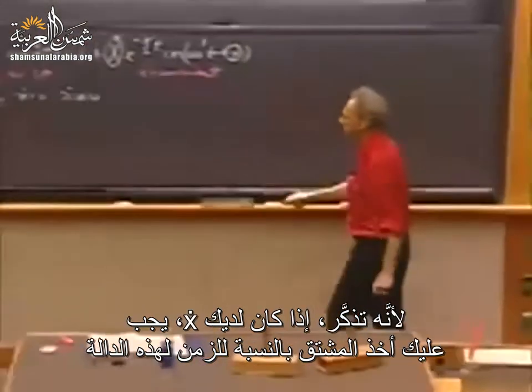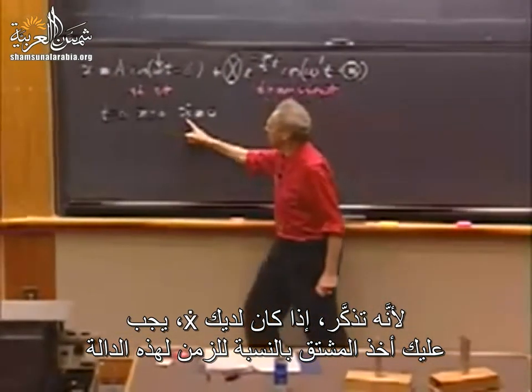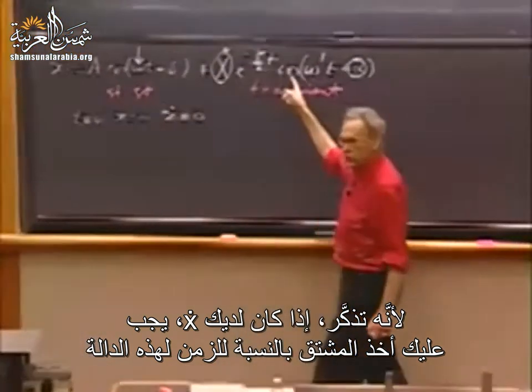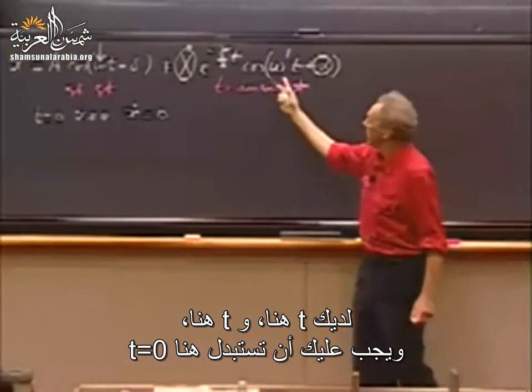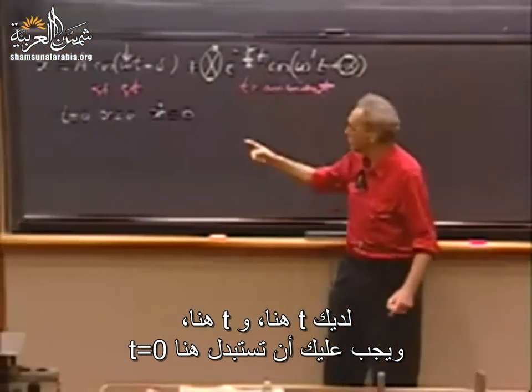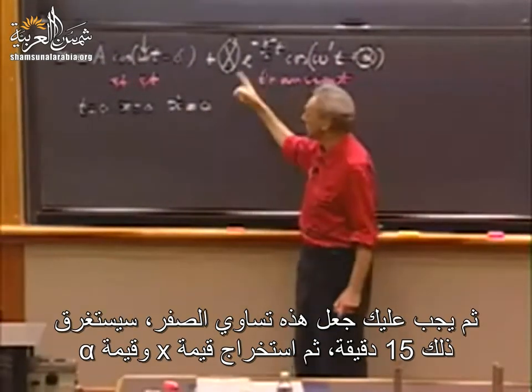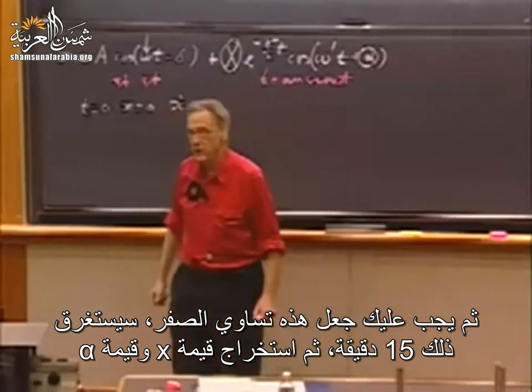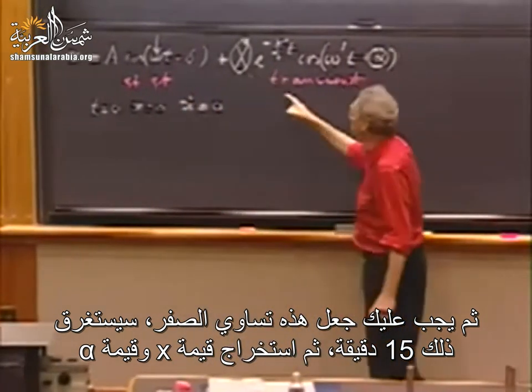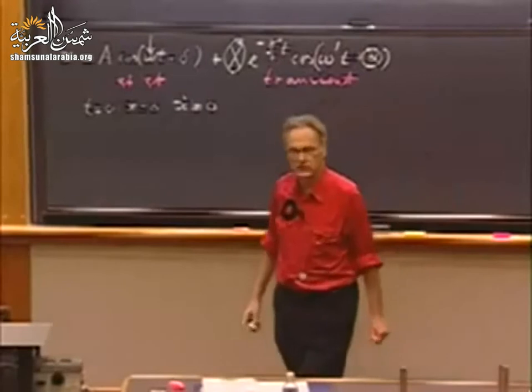Not so fast, because remember, if you have an x dot, you have to take the time derivative of this entire function, and you have a t here, and you have a t there, and you have to substitute in there time t equals 0, and then you have to make that equal 0, and it takes you 15 minutes, and out pops indeed a value for X and a value for alpha.